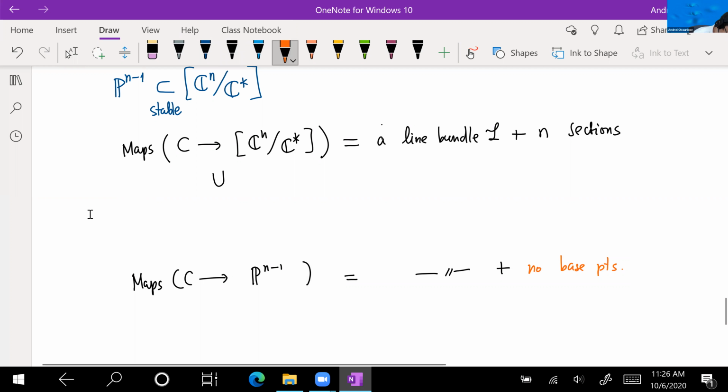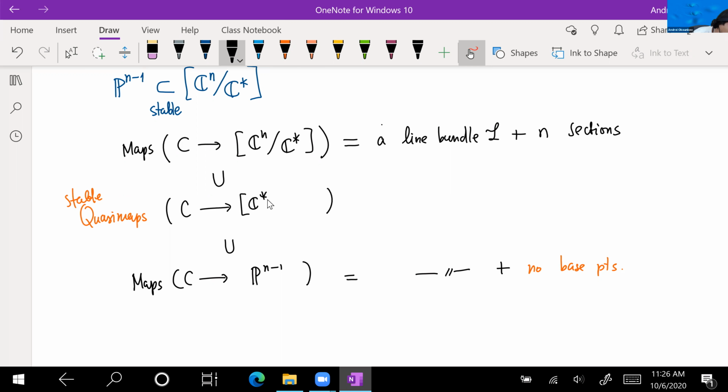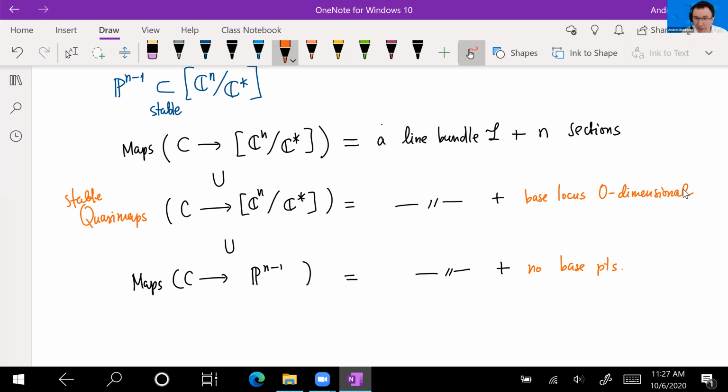I guess we'll just keep the stack target. And that is, well, it's like this, but with a base locus. It can have base points, but not all of them can vanish identically.